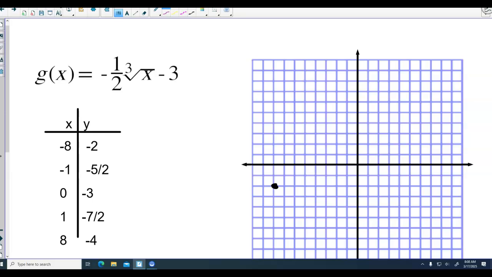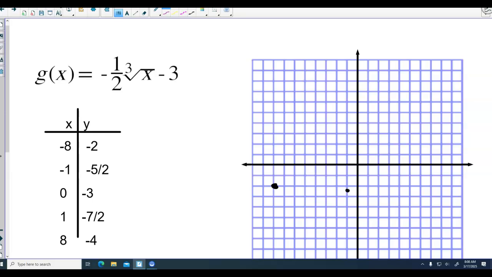Negative 1 times negative 1/2 is 1/2. 1/2 minus 3 is negative 5/2. So we have negative 1, negative 5/2.